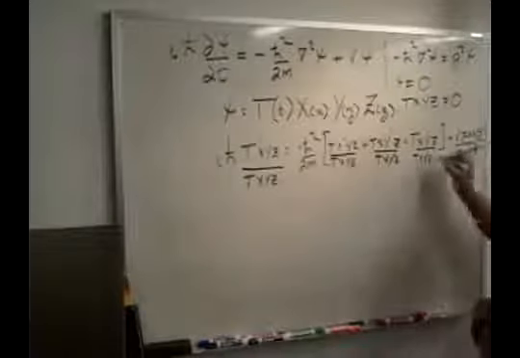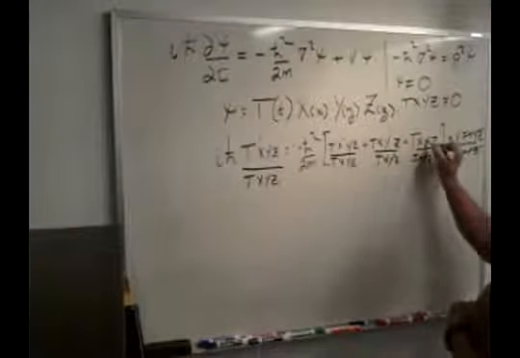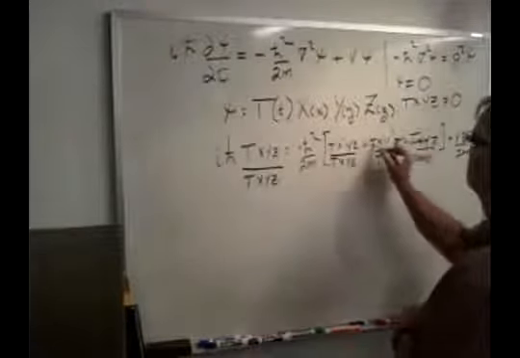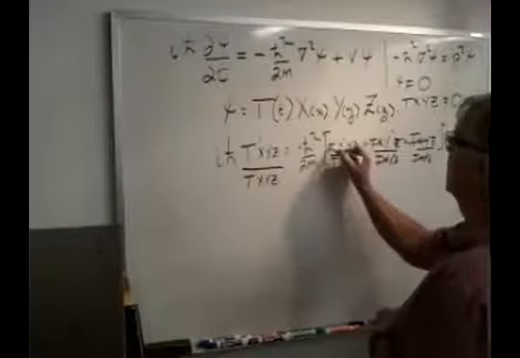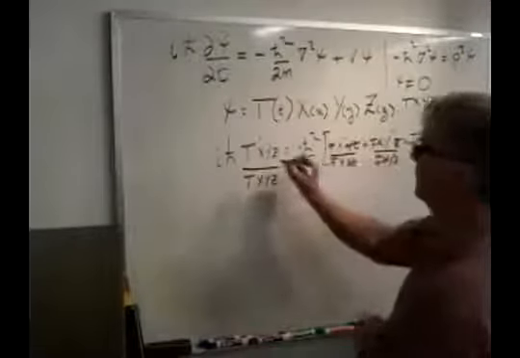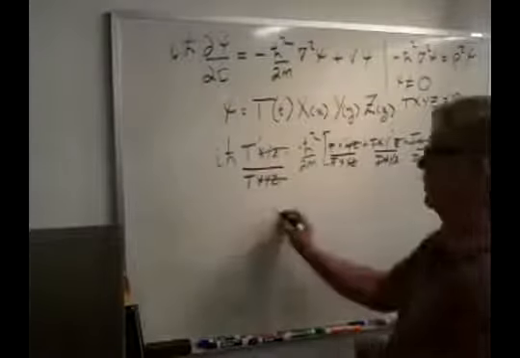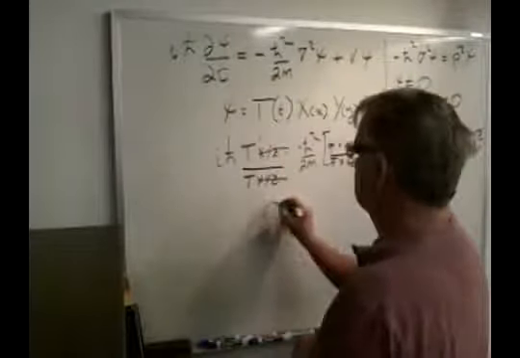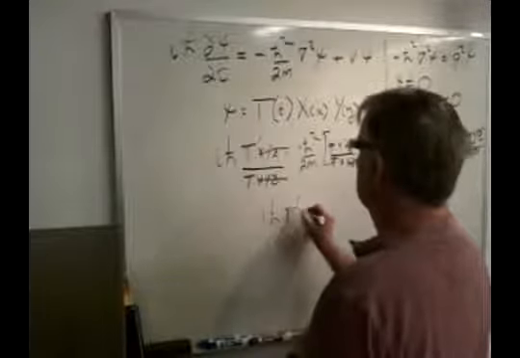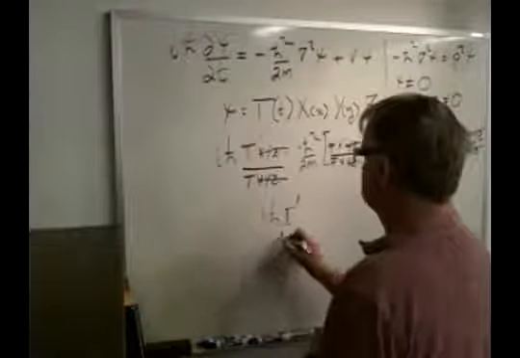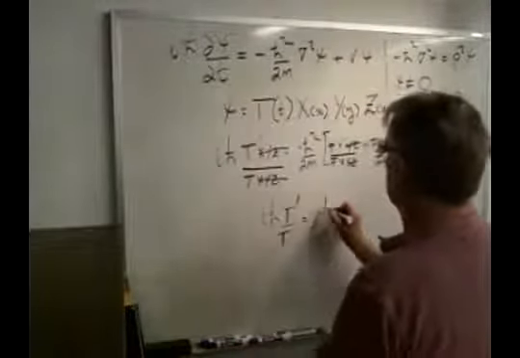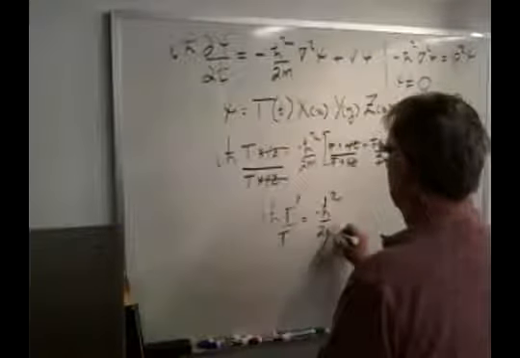That cancels, this cancels, the Z's are left over here, Y's are left over here, X is left here, this cancels, this cancels. We now have it separated, so we have i h bar T prime over T equals minus h bar squared over 2m.